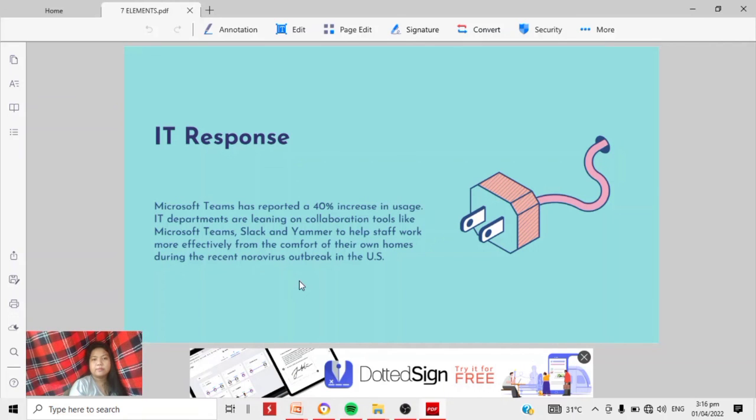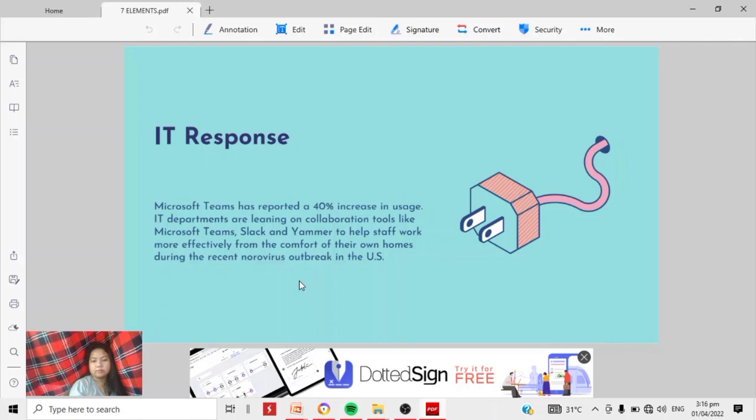So Microsoft Teams, in the pandemic, there was an increase in the use of their systems because all of us were staying at home. We have no choice to go out.